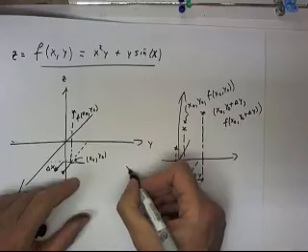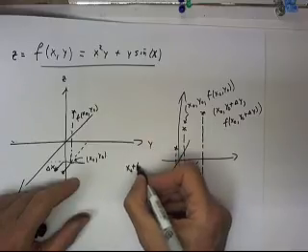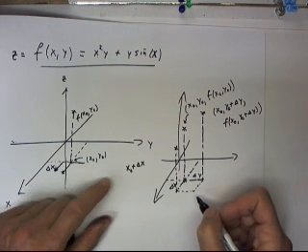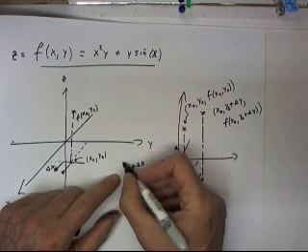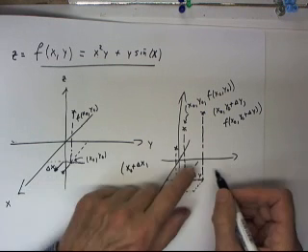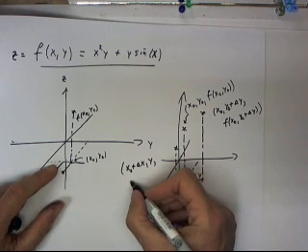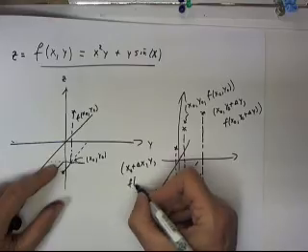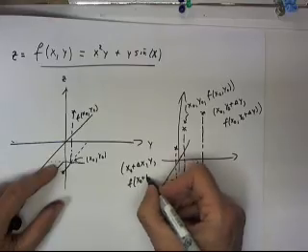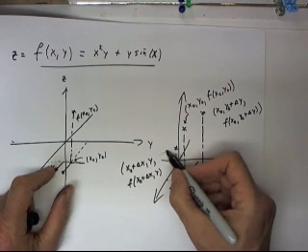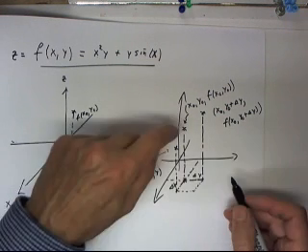When we moved delta x from the x0, y0 point, we ended up at x0 plus delta x. Our y-coordinate hasn't changed, so it's still y, and our function has value f of x0 plus delta x, y. Those are the coordinates of this point.